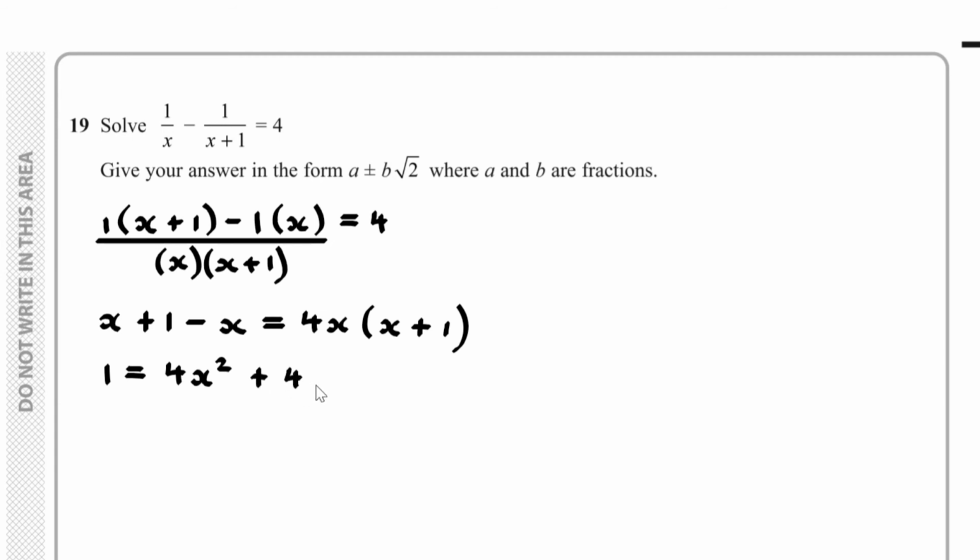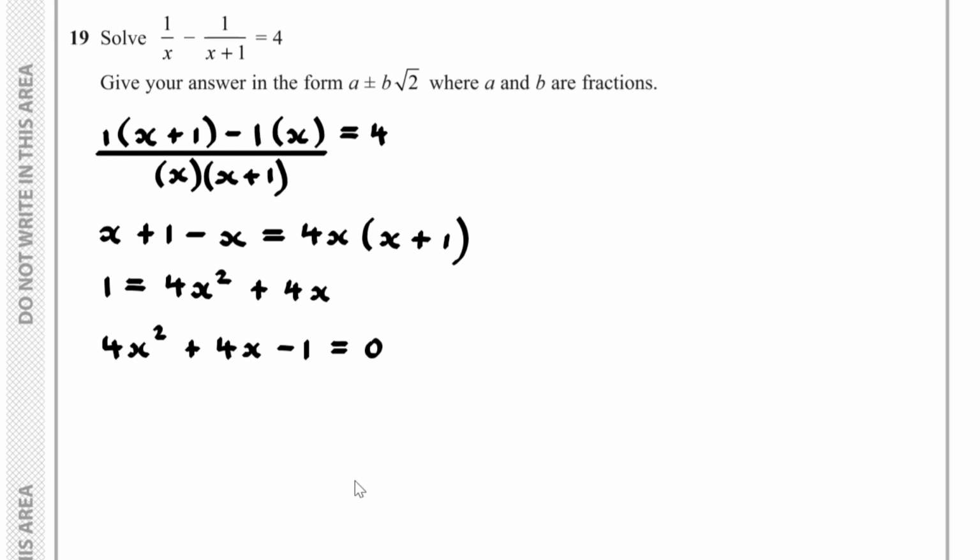plus 4x. And if I take everything over to one side, we have 4x squared plus 4x subtract 1 equals 0. Now to solve this, we can use a variety of methods.